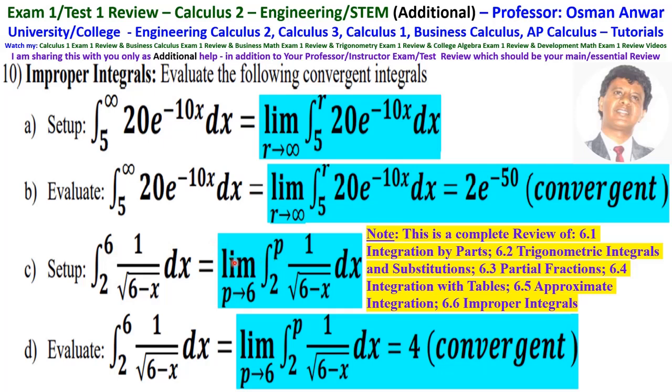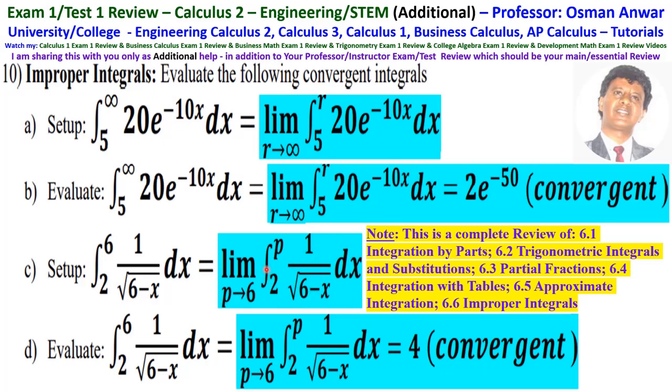Then this is limit as p goes to 6, integral from 2 to p, 1 over square root of 6 minus x dx. When you integrate this, it becomes minus 2 square root of 6 minus x.